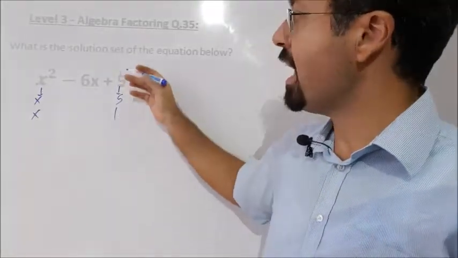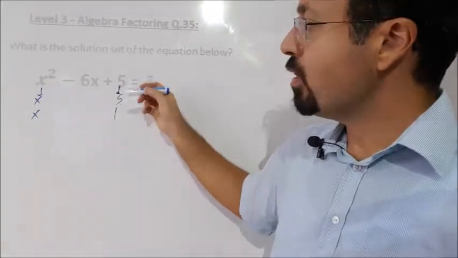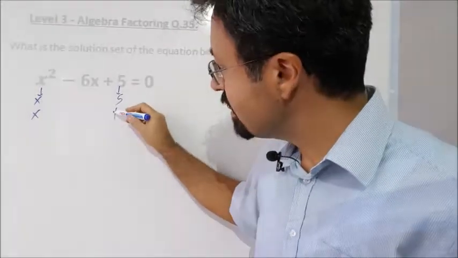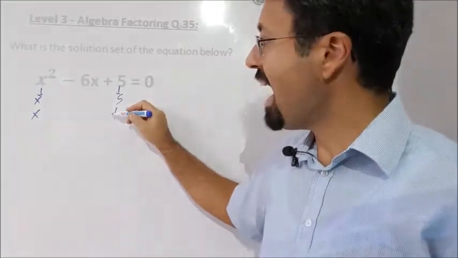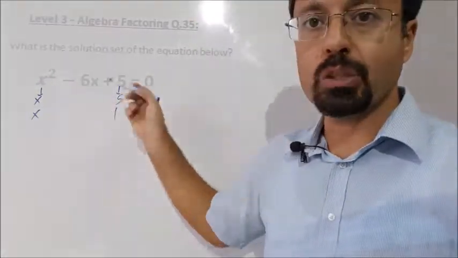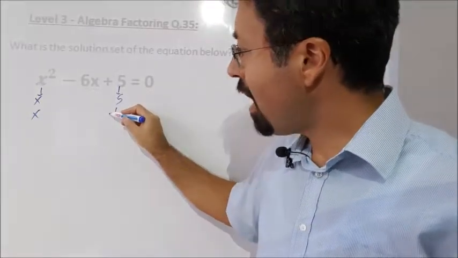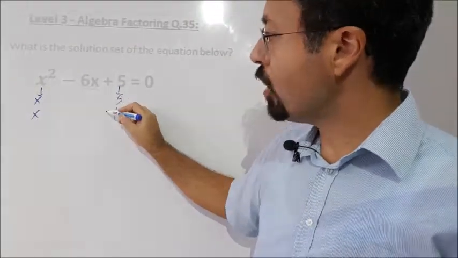5 and 1 makes 5, okay? And which 5 and 1 makes plus 5? Either plus 5 and plus 1 or minus 5 and minus 1. It cannot be minus here and plus here.